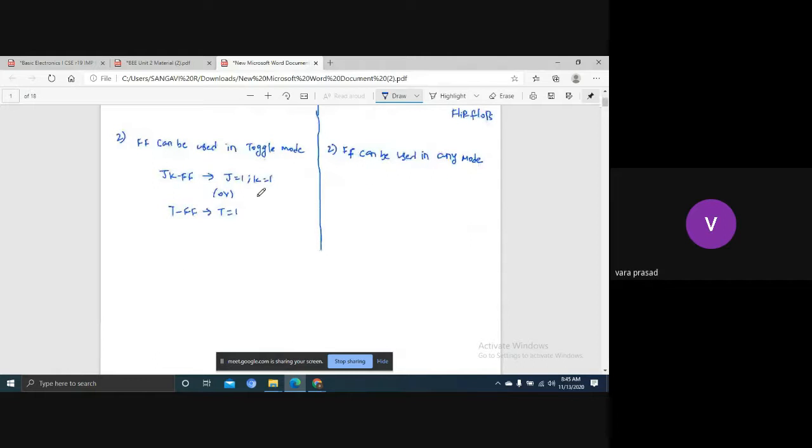Next, the third one. Here each clock is different, right? Next, it counts a fixed, continuous sequence.